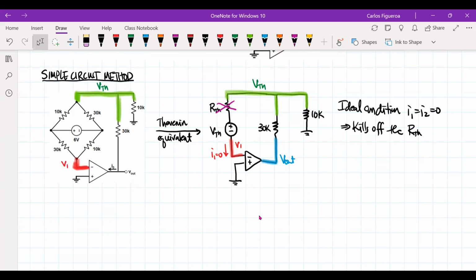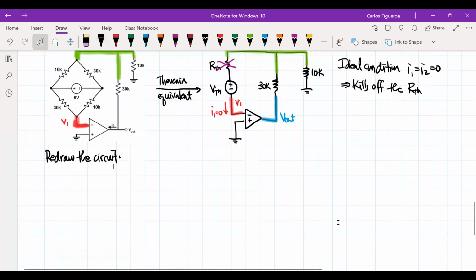So what I really need is my Thevenin equivalent. Maybe I should do this in a couple of steps. So if I redraw my circuit, just to be clear, the equivalent circuit is really this guy right here.